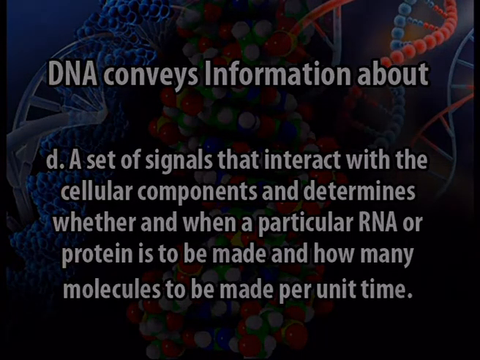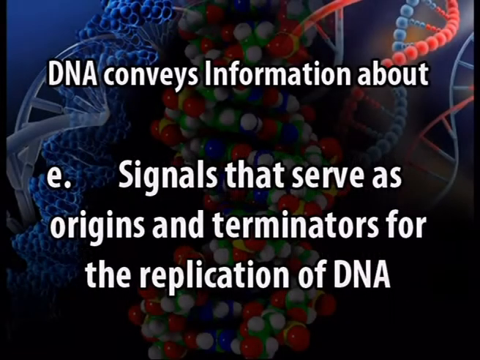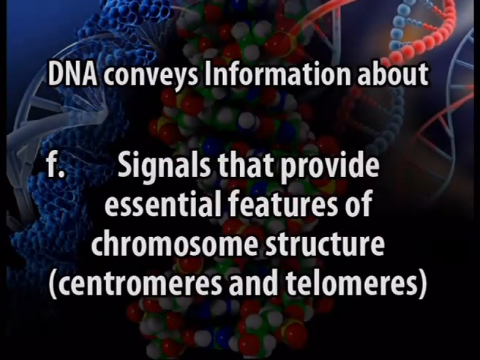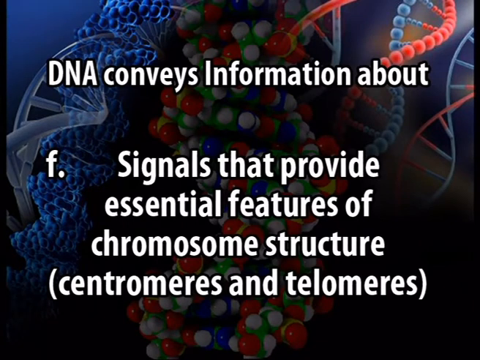This information is also there. Then signals that serve as origins and terminators of the replication of DNA are also contained there. A very important factor is also the signals that provide essential features of chromosome structure, including the centromeres and the telomeres.